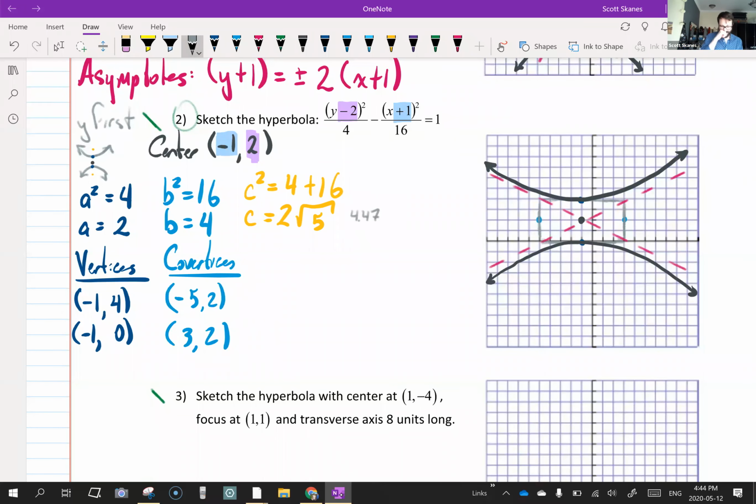Okay, so when you go to make the foci, you can use that. I'm going to go up and down by 4.47 from the center. So 1, 2, 3, 4.47 is about that. Down from the center, 1, 2, 3, 4, and about a half right there. That's my foci.